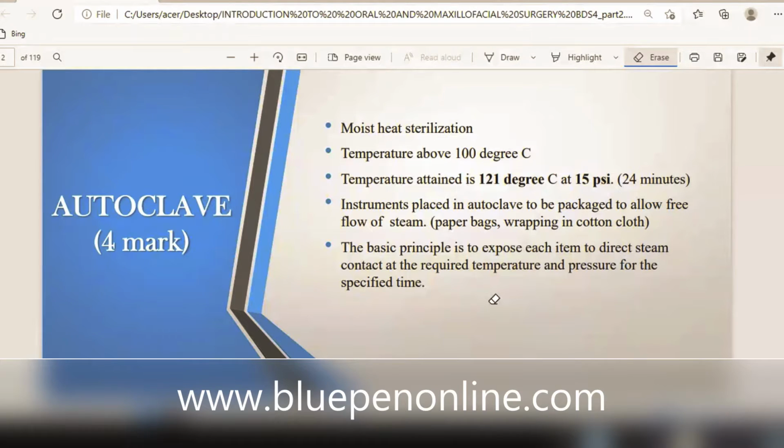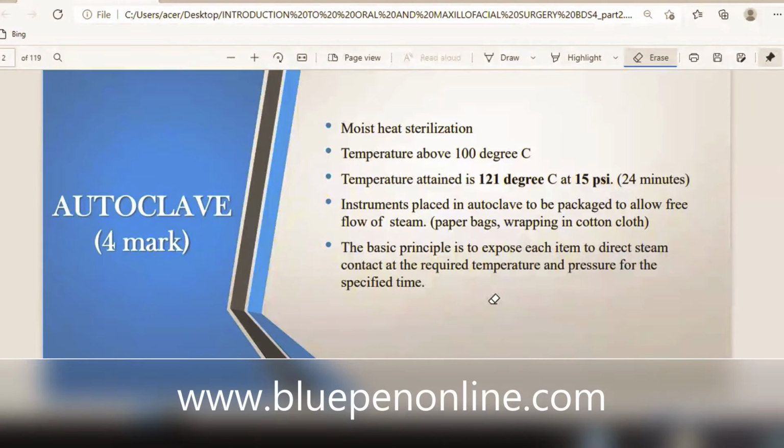There's a moist environment inside, there's water flowing inside, and this steam will come directly in contact with the instrument, and that will help in the sterilization process. So the basic principle is that each item is exposed to direct steam at the required temperature, which is 121 degrees Celsius, and at the prescribed pressure, that is 15 lbs, for a specified time, which is 24 to 30 minutes. Do you get it?